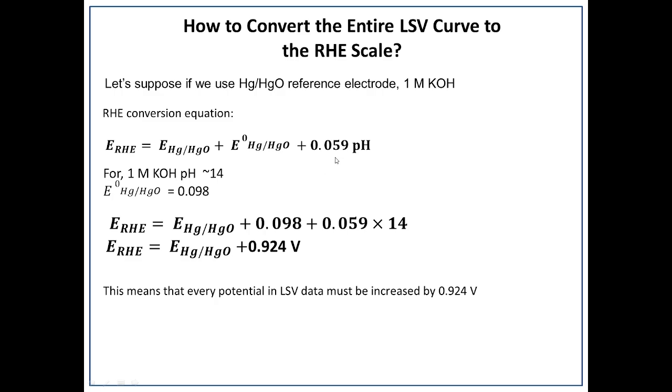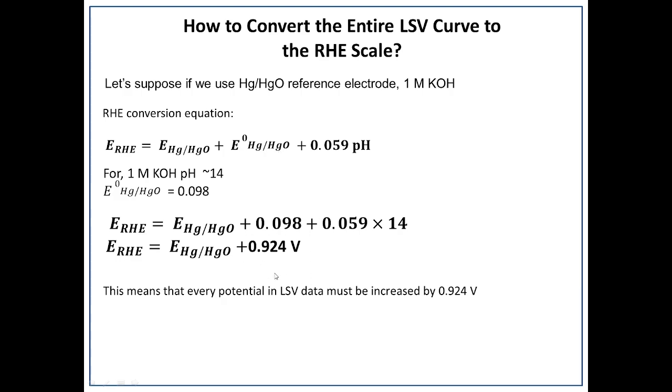So let's substitute everything into this equation. We know that E naught HgO is 0.098 volt. When we substitute, E_RHE is equal to E_HgO plus 0.098 plus 0.059 times 14. 0.098 is the potential value for E naught HgO.